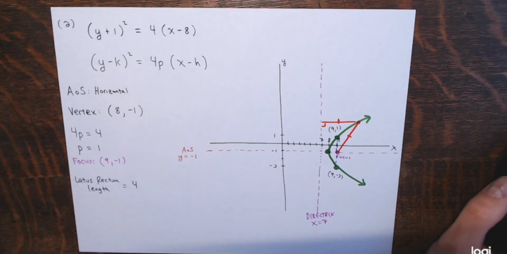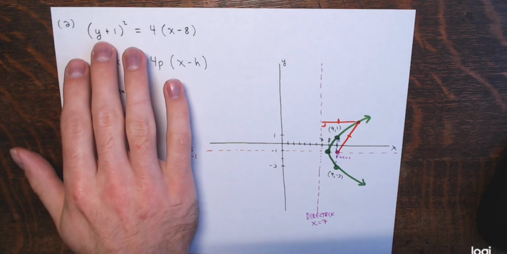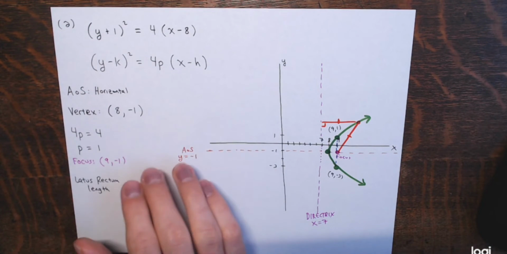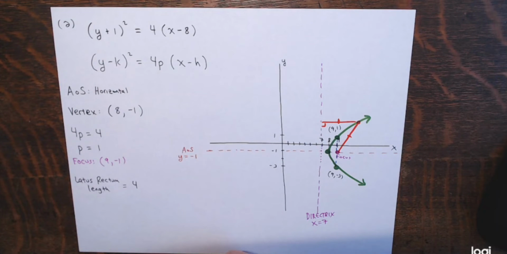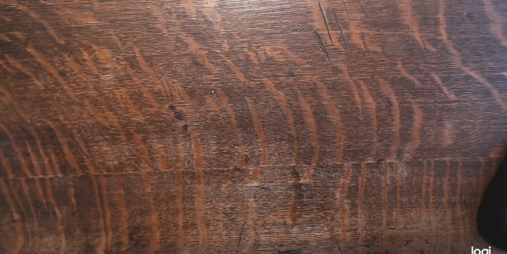Great. All right, so now the first two examples had y squared but not x. Right, so the axis of symmetry was horizontal. The parabola opened right or left. In my next examples, we're going to have x squared but not y, like this. Right?